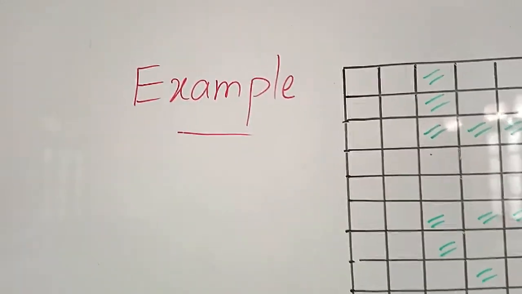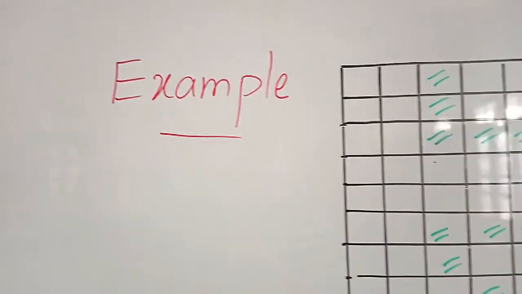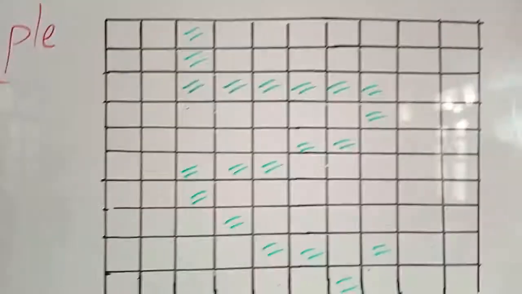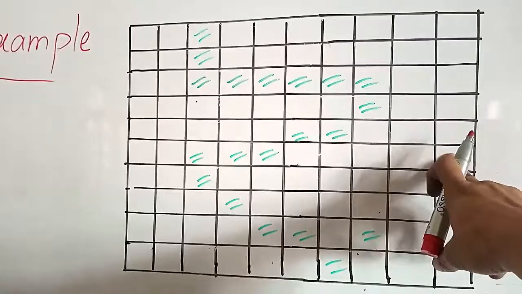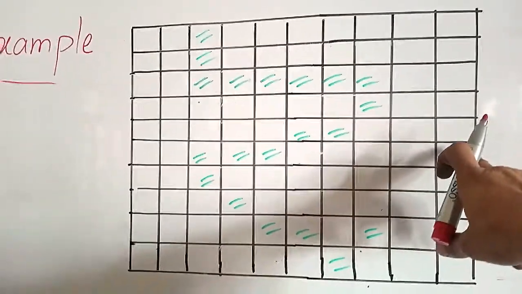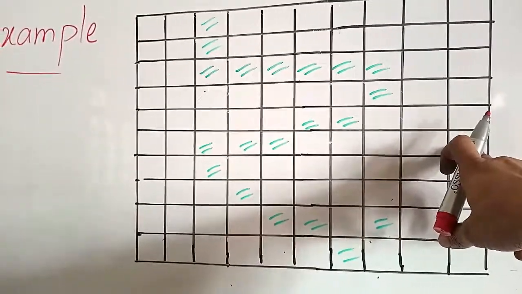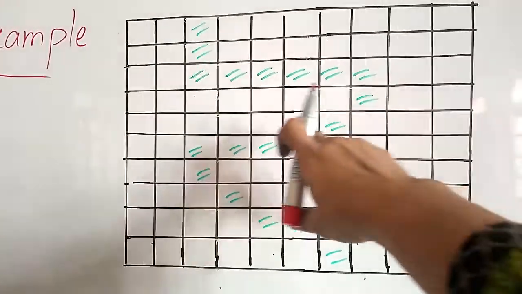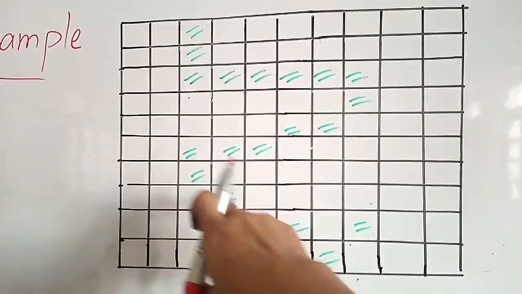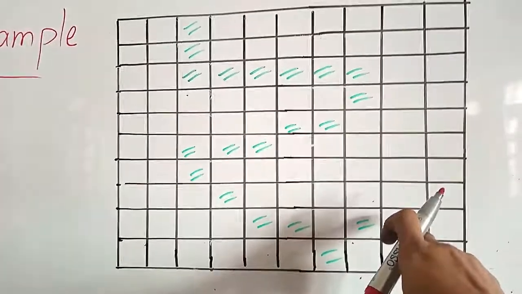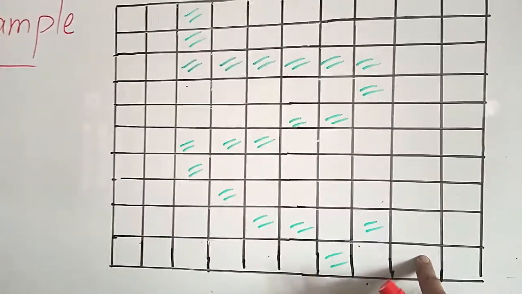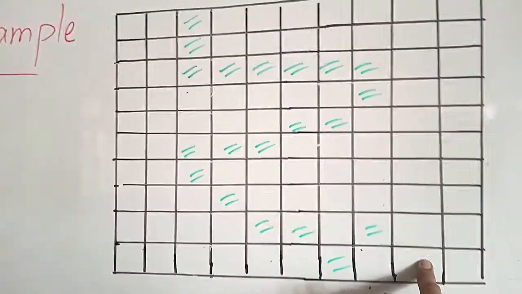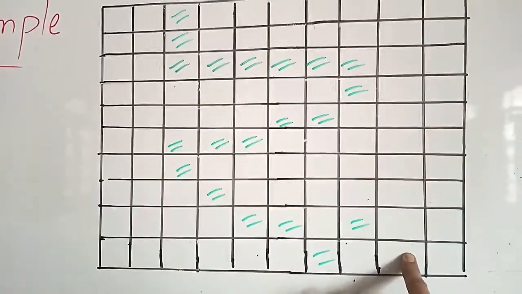Okay, let us see the example here. First of all, for having the percent, you should have the fraction form. You should have the total as hundred. Out of hundred, we have to find the percentage of the given quantity.